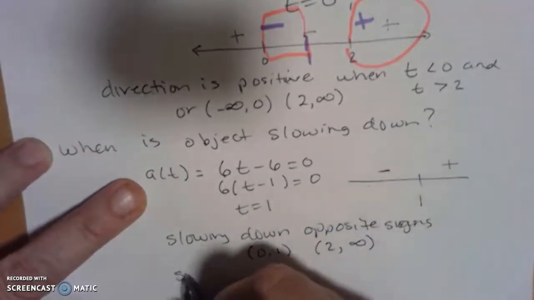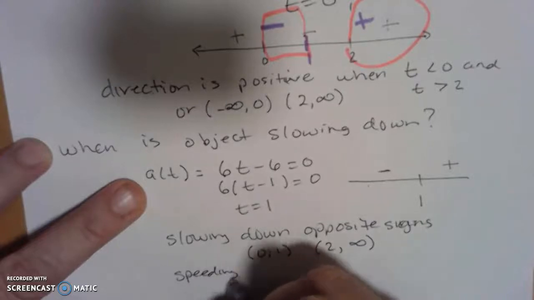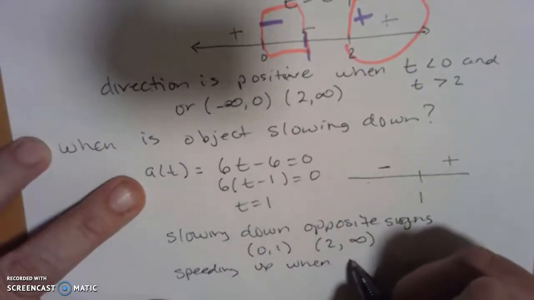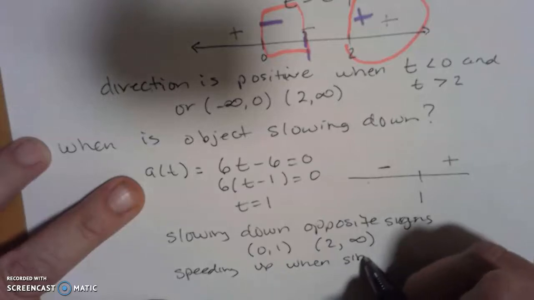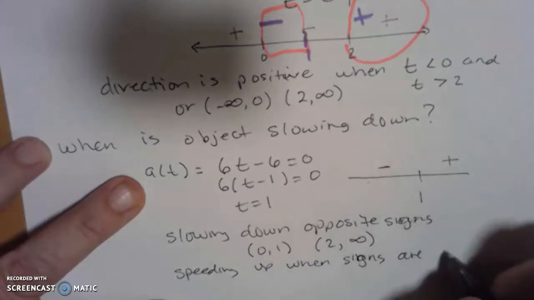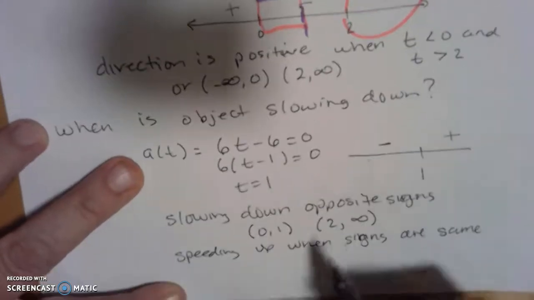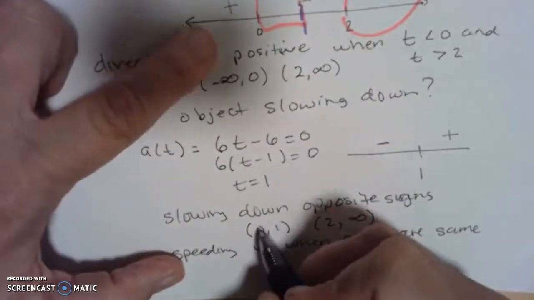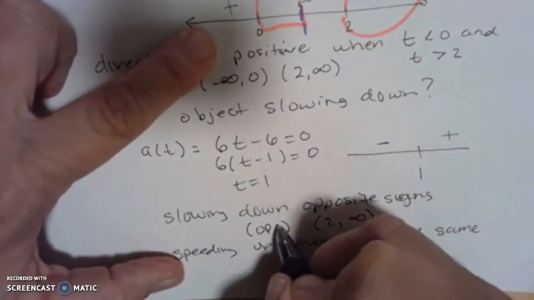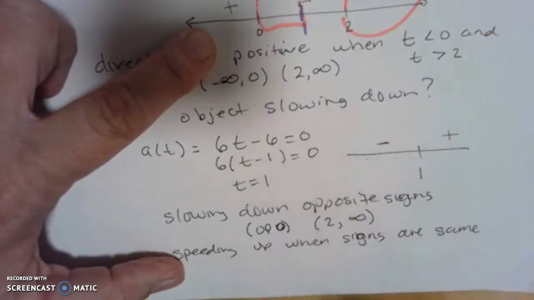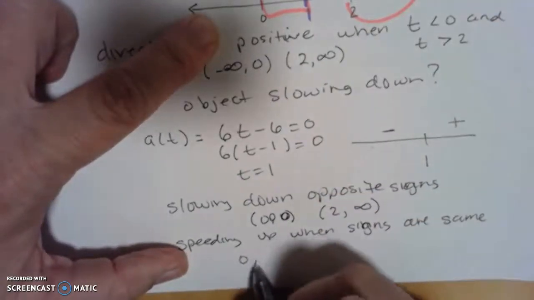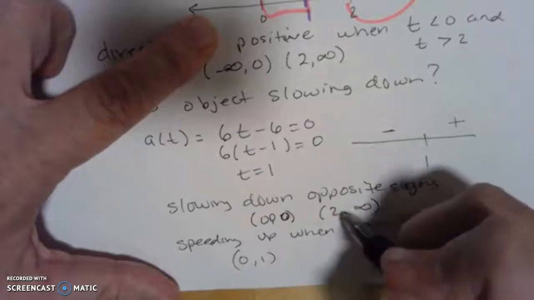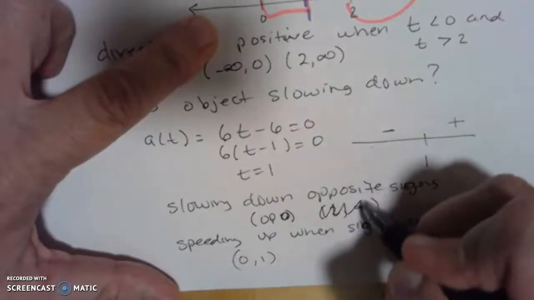And then things will be speeding up when signs are the same. So I have the same sign. Oops, I'm sorry. This is between negative infinity and 0. And same sign is between 0 and 1. Oh, I have this backwards. It is confusing.